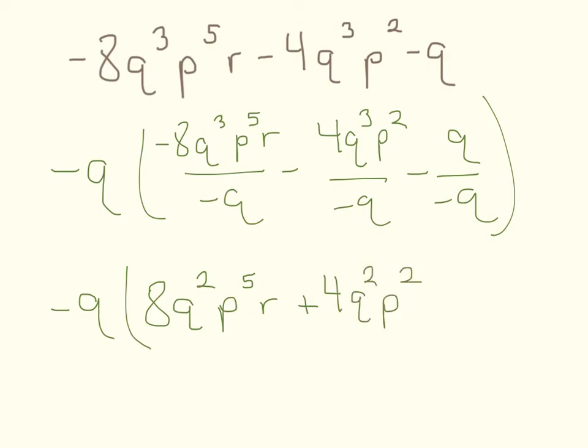And then anything divided by itself is 1. So this would be plus 1. Be careful not to cancel that term out completely. Notice all of our negative signs changed to positives. Also, again, notice we don't have common factors in the parentheses anymore. And also notice we started with 3 terms, so there's 3 terms in the parentheses.